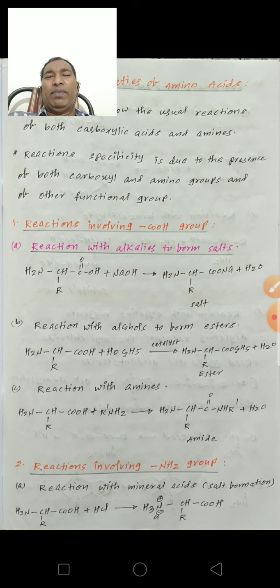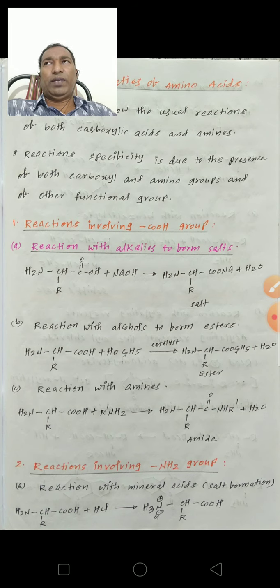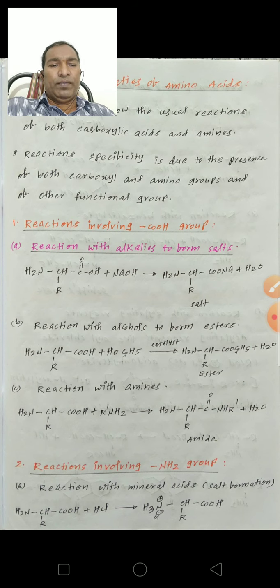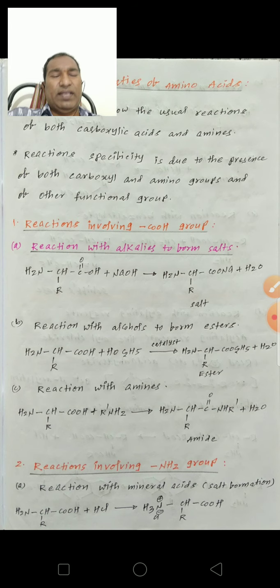Some reactions involve only the COOH functional group, some only the NH2 amine functional group, some involve both NH2 and COOH groups, and some involve the R group on the side chain, or are biochemical reactions involving amino acids.